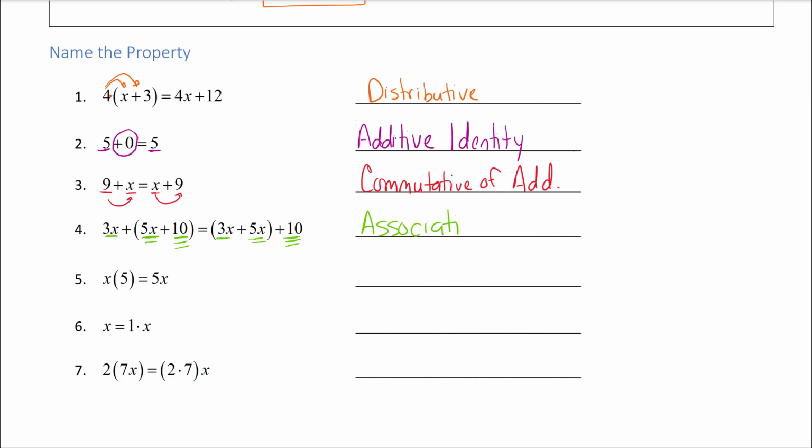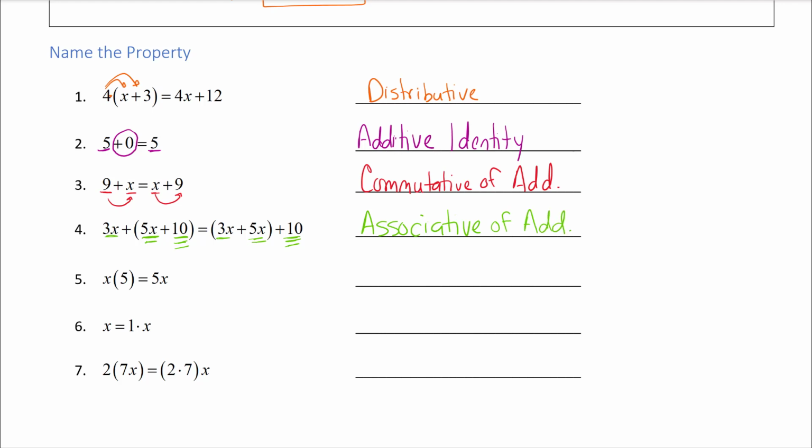A lot of times people think, oh, if it's got parentheses, it's the associative property. That isn't necessarily always true. The associative property always has parentheses, but just because it has parentheses doesn't mean it's associative. But in this case it is. Everything's in the same order, we're just changing what we're adding first. Again, we're adding, so it's the associative property of addition.